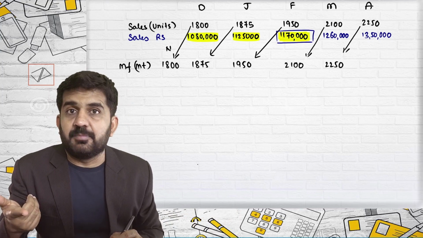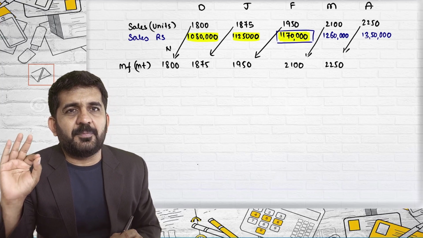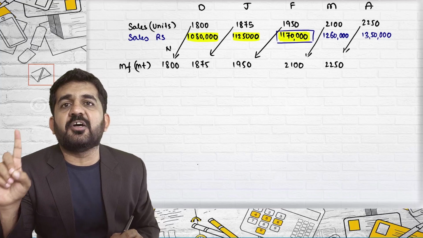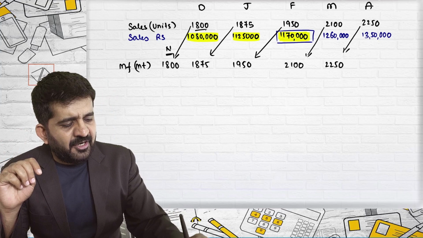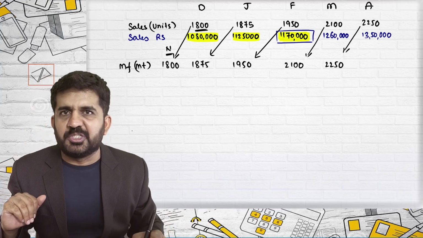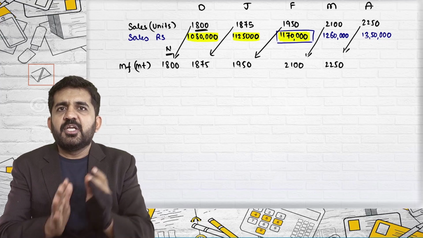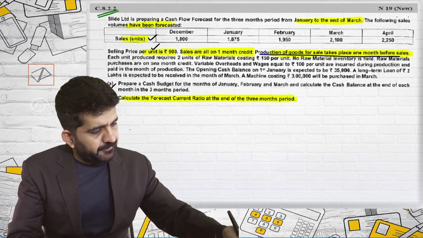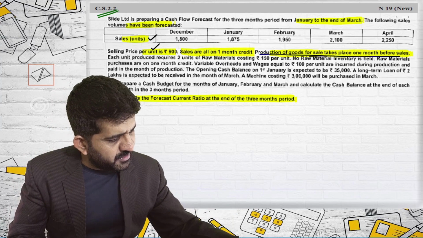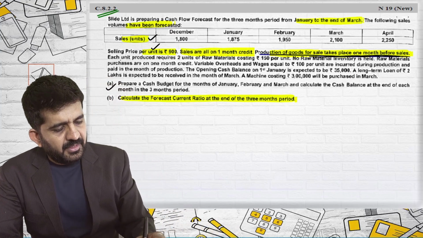It is the manufactured month. The month in which goods are manufactured or purchased is not actually the cash outflow. I am just writing that it will be these 1800 units. There is no opening stock or closing stock. December sales is manufactured in November. January sales is manufactured in December. Production of the goods for sales takes place 1 month before the sales.